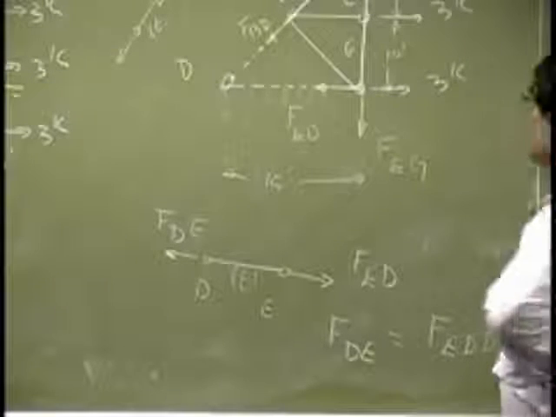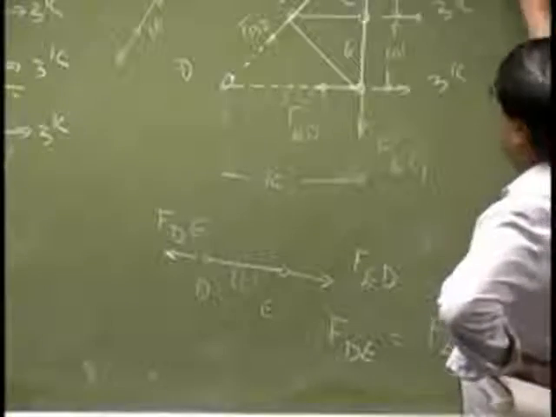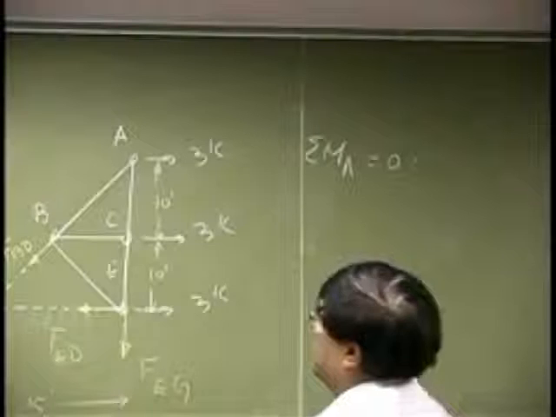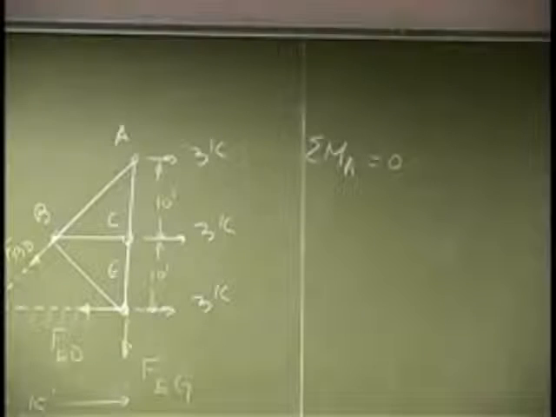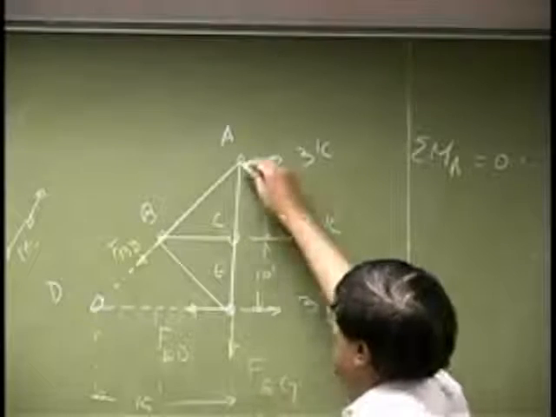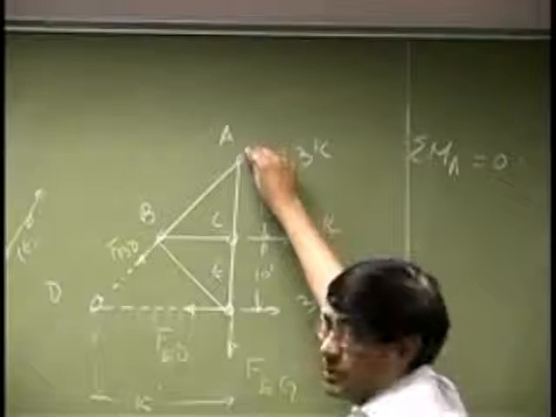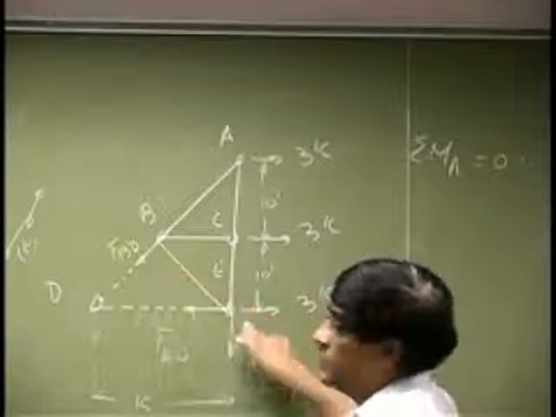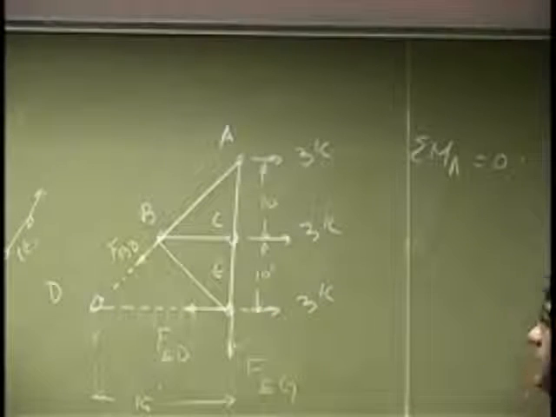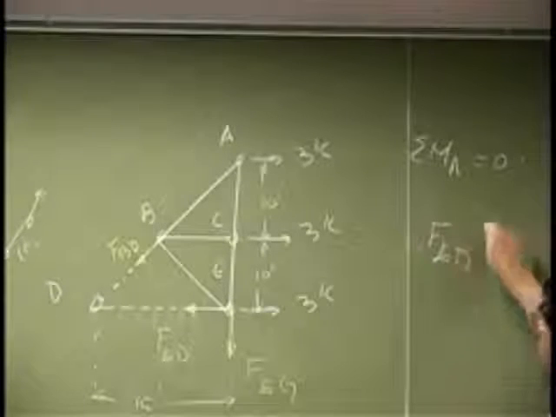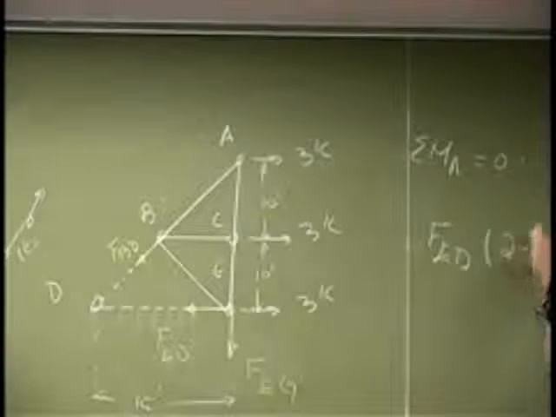Okay, so again, now if I sum the moments about point A, that should go to 0. And the reason we choose this point is this force goes through it, this force goes through it, so these two will give 0 moment. The FBD will be 0, so you get FED times 20.